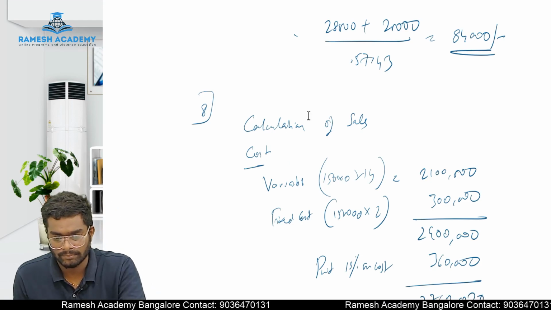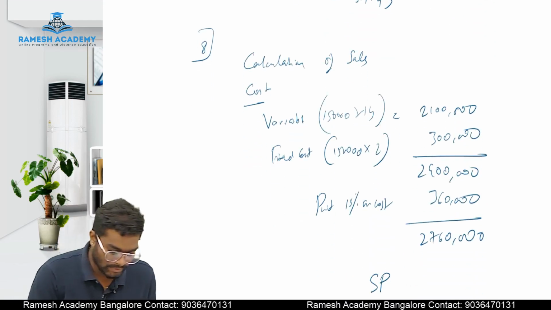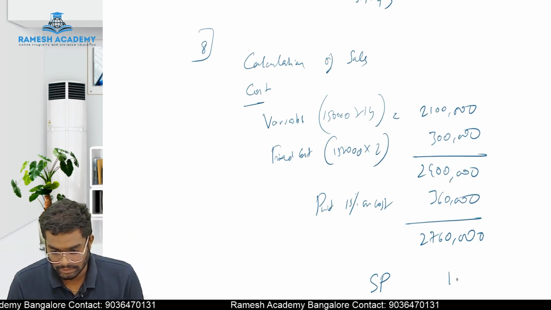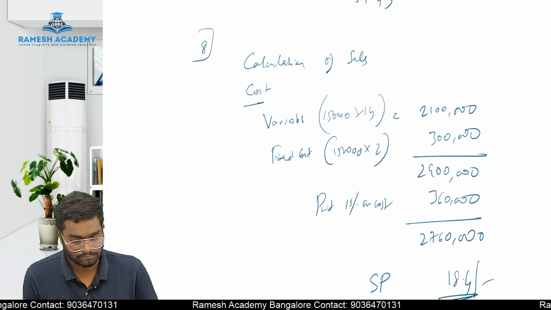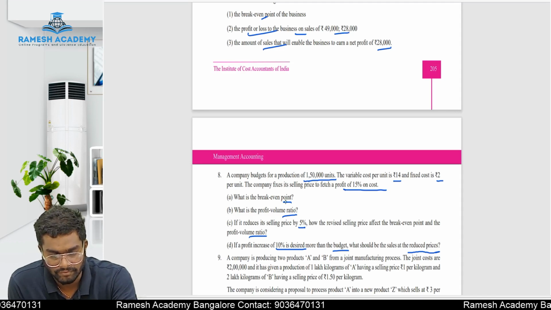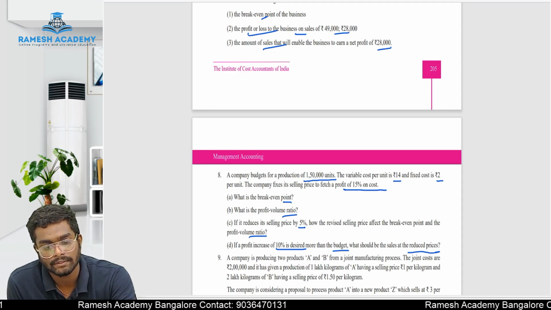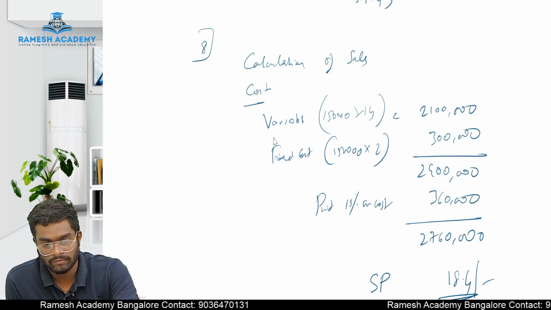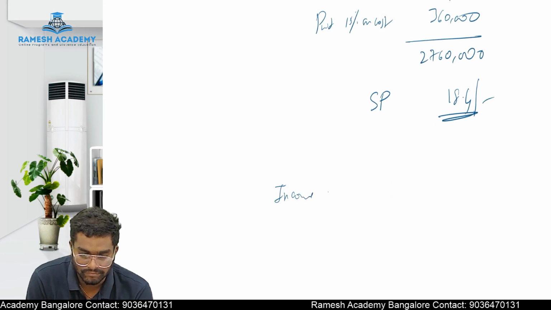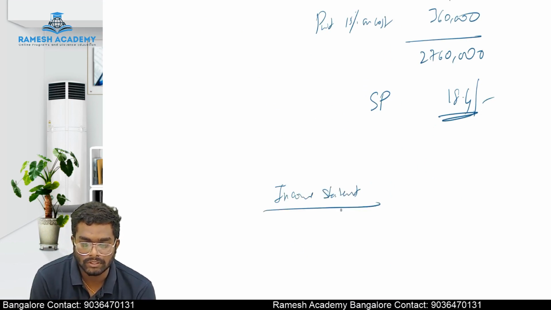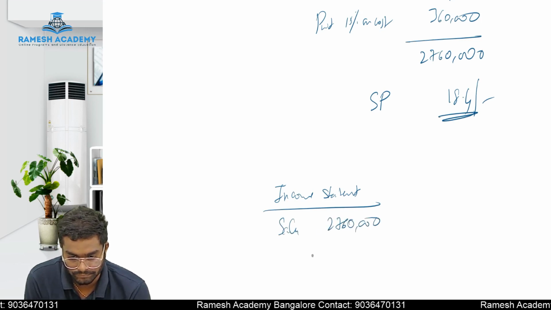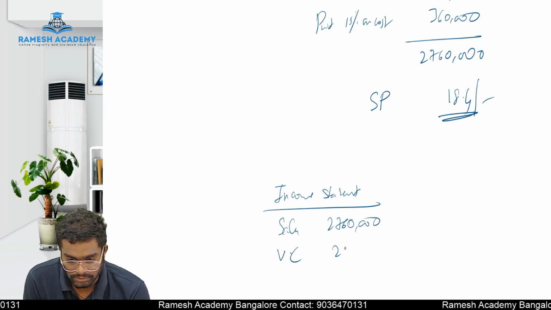So I'll find out the price now. Selling price will be 27,60,000 divided by 1,50,000, which is 18.4. So we have the selling price. Now we have to find the break-even point. Now we have all these things, so we'll prepare an income statement to find the PV ratio. 27,60,000 is my sales. Variable cost is 21 lakh.